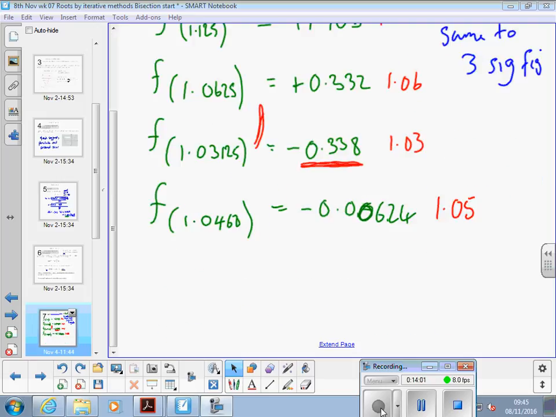Okay. We're still negative, so now we've got to go between those two figures. Yep, we've got to bisect those two. So we're looking for a function at what's halfway between those two.